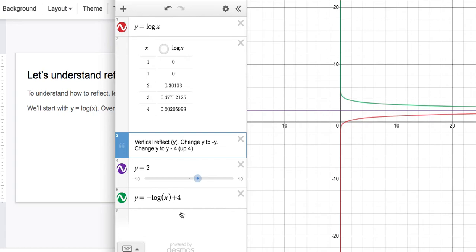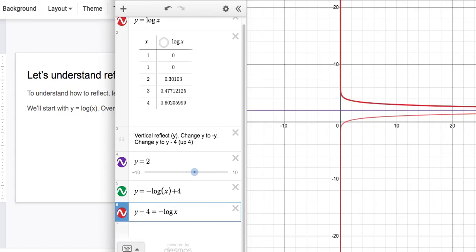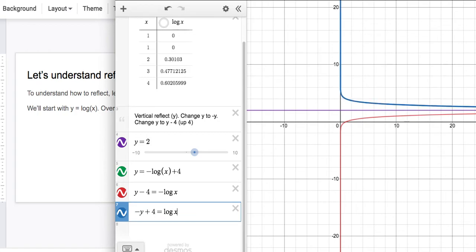Now let's go back and look at what I really did. If I reverse engineer this, I subtract that 4 over, and then I have to divide by -1. This is what I get. So reflecting over the line y equals 2 got me -y plus 4.